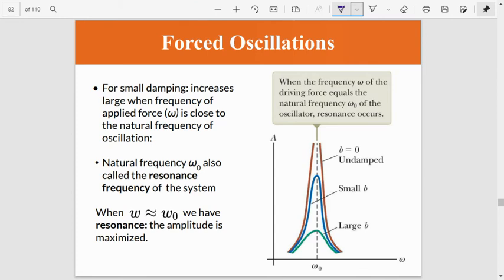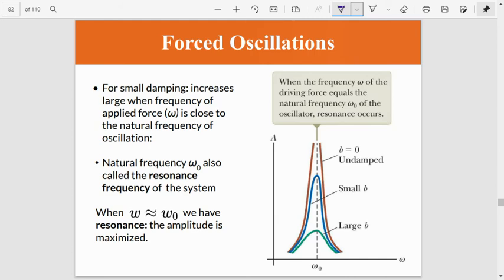When the damping term is small, the more damping there is, the more the overall amplitude of oscillations decreases. So it can also happen that as the damping gets smaller and the frequency of the applied force gets close to the natural frequency of oscillation, that will increase the amplitude.